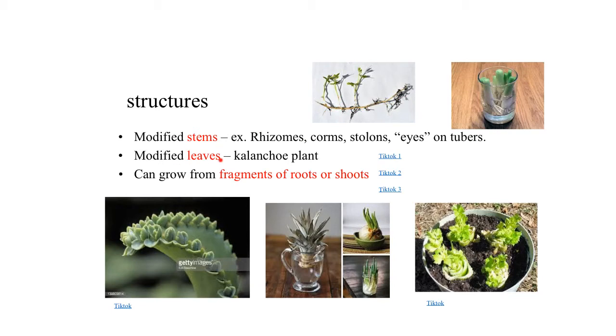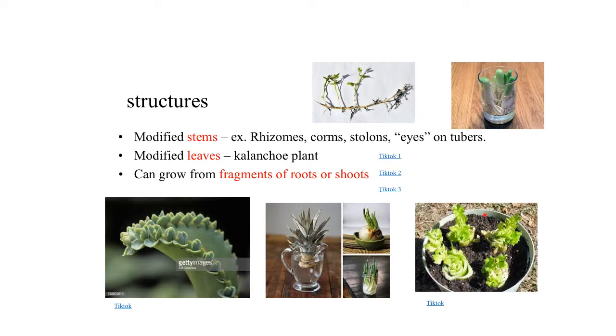The other thing is we can have modified leaves. Over here you have a kalanchoe, I'm not sure if I'm saying that right, and on each leaf it actually creates little tiny baby plants, and you can pick them off and plant them basically. And of course you can also grow plants from fragments of roots or shoots, and I'm sure you've seen this done or have done it yourself, where you cut off the top of the green onions and put them in some water.